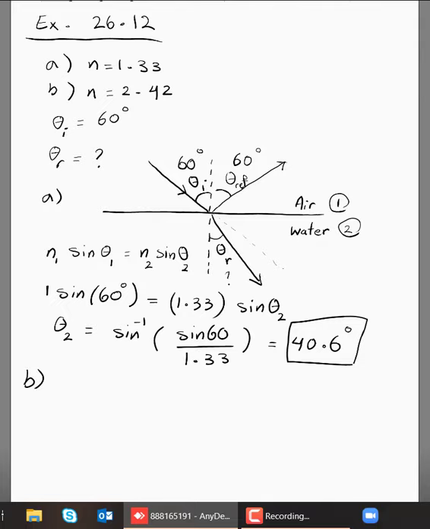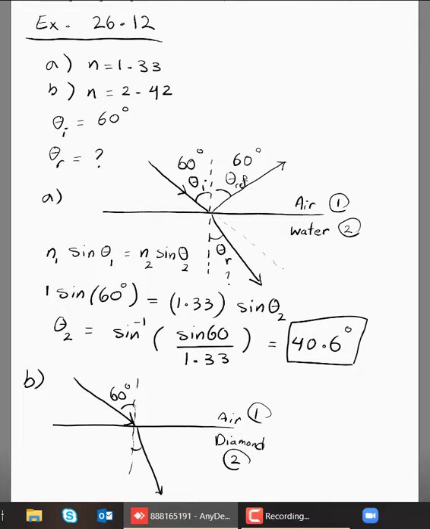Part B is the same thing, so let me draw the same figure for you. Here we have air, and then we have diamond. So this is medium 1, medium 2, and the same thing, the normal. I have the light coming in at 60 degrees here. Because diamond is even denser than water, I expect the beam to get even closer to the normal.